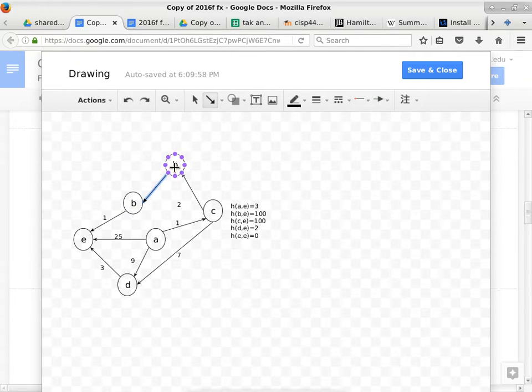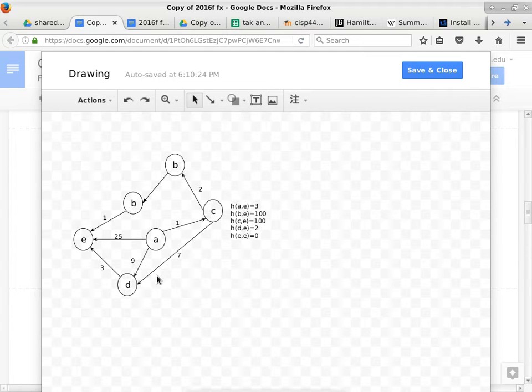Of course, this cannot be B anymore, it has to be something else. And then we need one more edge to go from here to here, because if it's linear, it will still do all the exploration. Unless the cost is already too high. Let me think about this a little bit. This is 25.